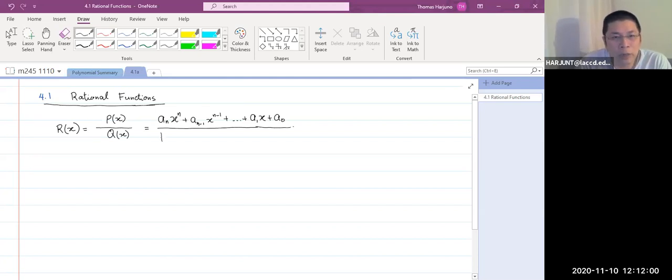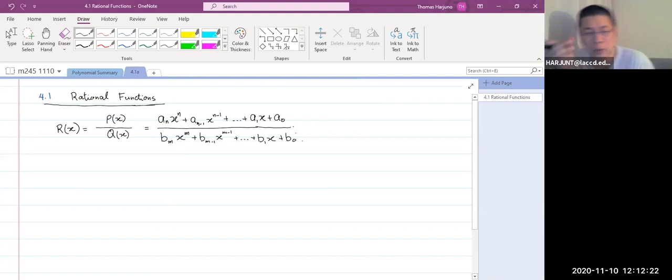And on the denominator, I will use coefficient b with degree m. Basically, it's a polynomial over a polynomial.